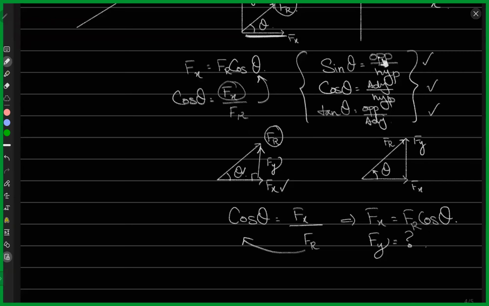I can use sine, because sine is opposite over hypotenuse, and in this case the opposite is fy, the hypotenuse is fr, and then we have theta as well. So sine theta is equal to fy divided by fr, and then rearranging, bring this fr over here. So fy is equal to fr sine theta. So the fy component would be fr sine theta.